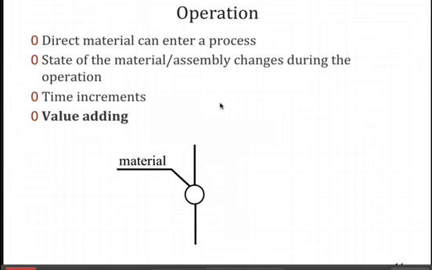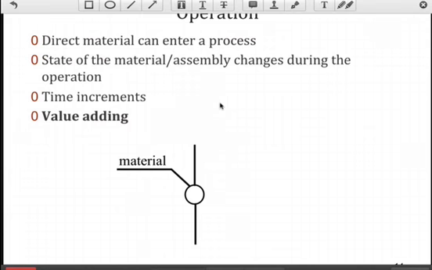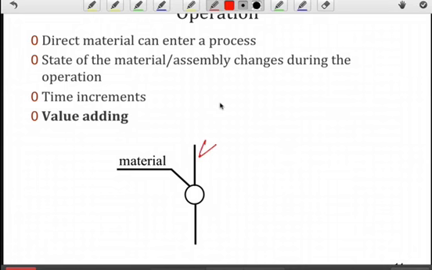When you look at an operation, the lines here will indicate unique direct materials. So every line you see entering an operation or exiting an operation represents different direct material. This material represents material coming from somewhere, and that could be inventory, that could be from some type of storage system. And this line here would indicate material coming from perhaps a previous operation.